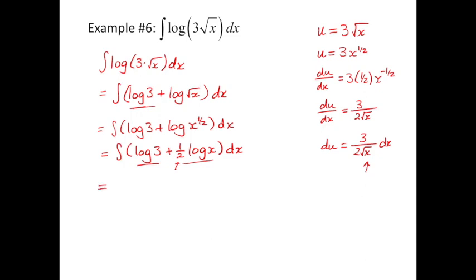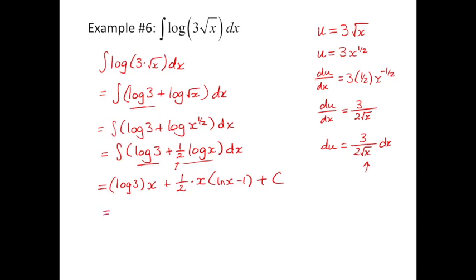So integrating, we get the integral of log of 3. Log of 3 again is just a constant, so we'll have log of 3 times x plus 1/2 times the integral of log of x, which is x bracket ln of x minus 1, plus our constant c.